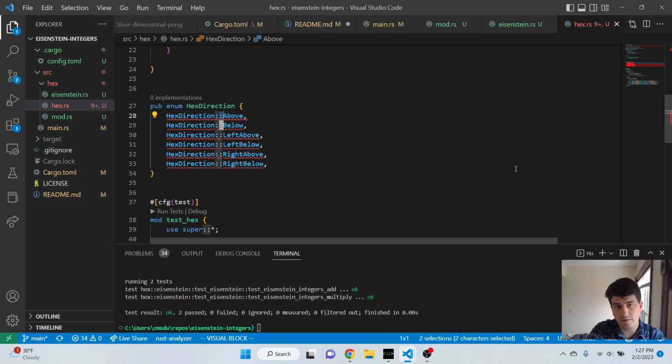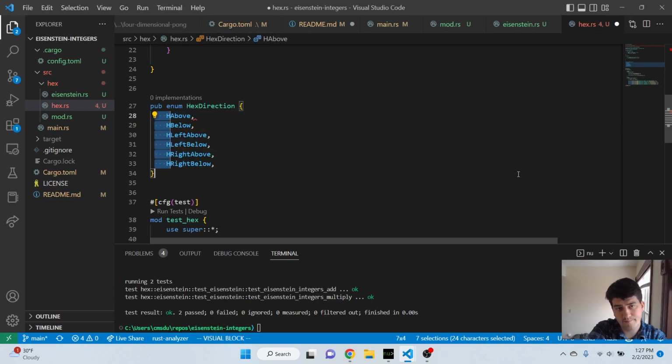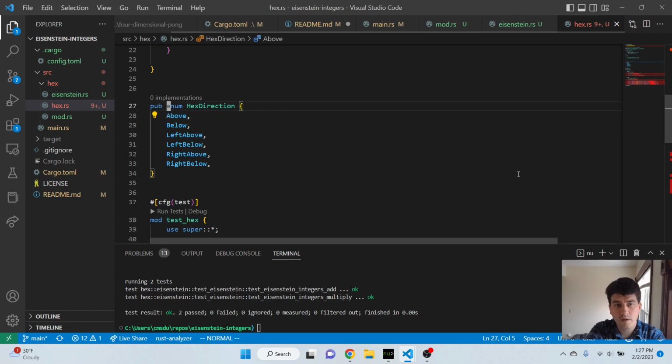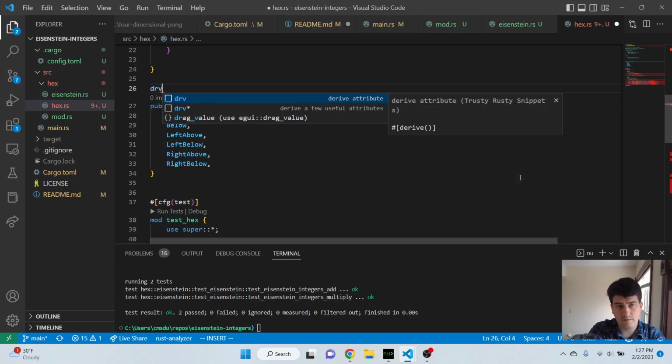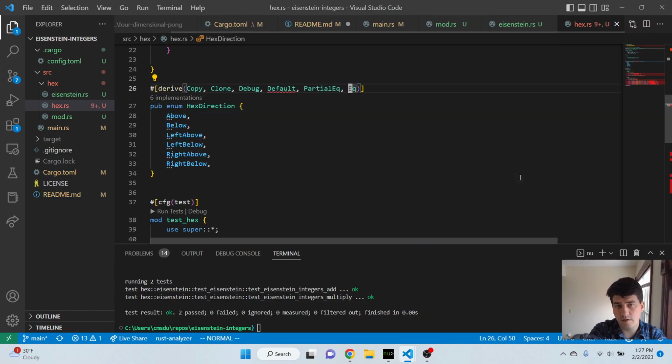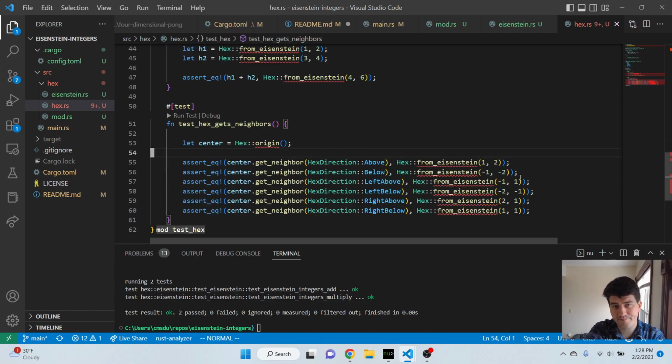Right, and we don't need these either. Oops. Okay. And let's derive all the things. Default does not need to be here. Okay. So that gets us hex direction.